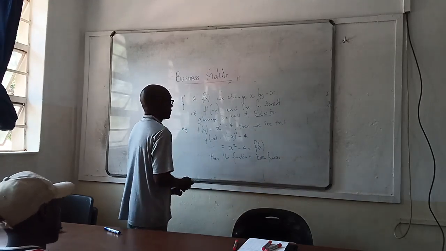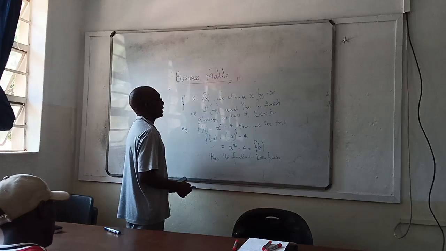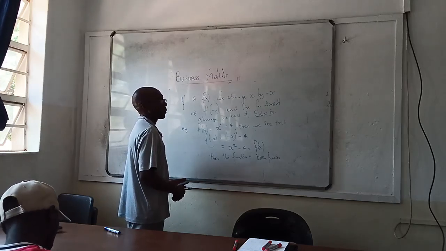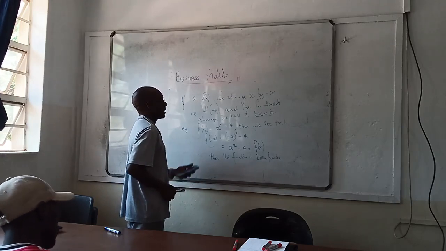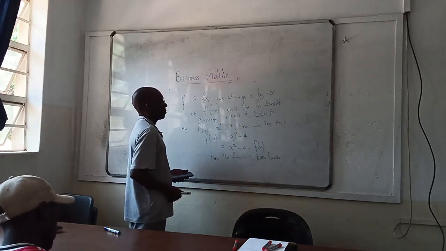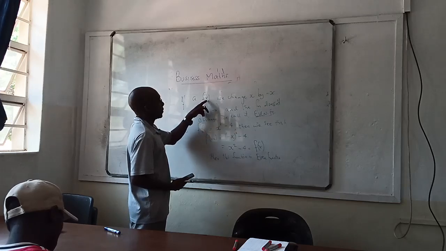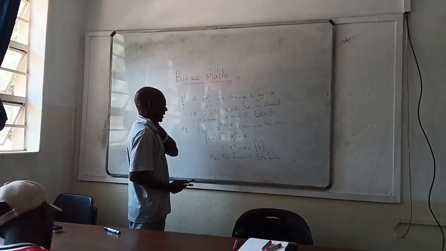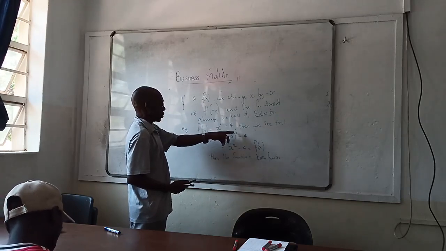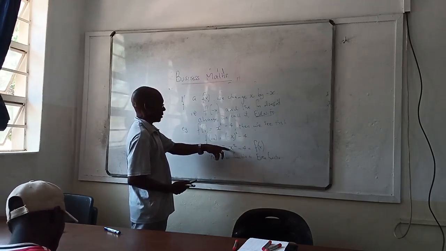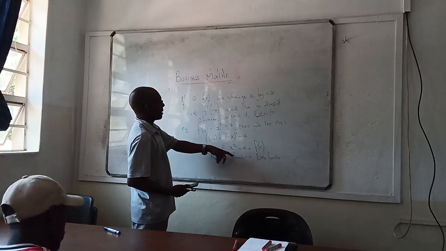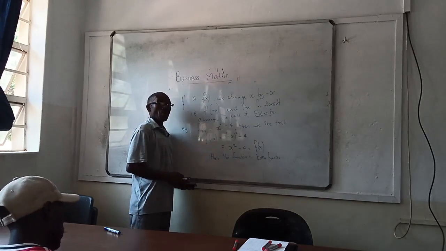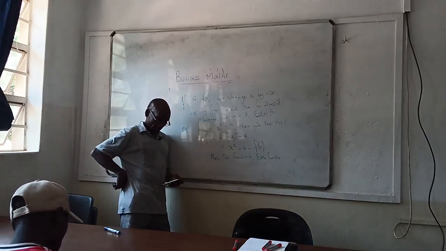All right, what it means is that an even function is a function that, when you replace x with negative x, doesn't change at all. When you work it out, you discover that minus x squared is positive x squared. You are coming back to the original. We call this an even function.